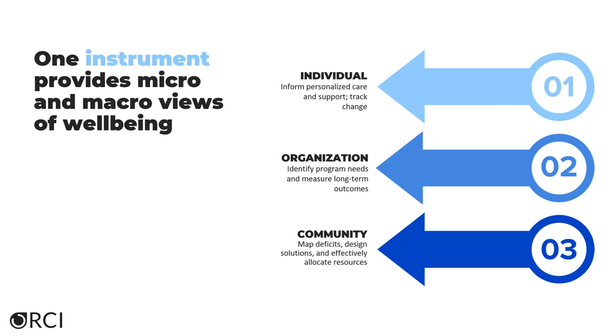Then we can see how we as a community, or as those that can affect change, can work with various organizations collaboratively to allocate resources in the right way to build health up, not just for the individuals that we serve, but for all individuals in the community that we serve.